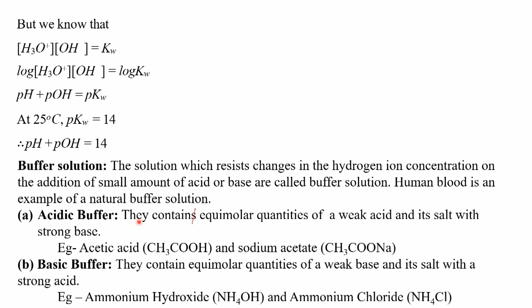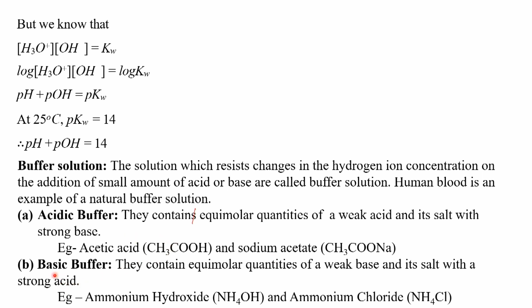So for acidic buffer, we have to consider the weak acid and its salt with strong base. Acetic acid is a weak acid, and when it reacts with a strong base like NaOH, we get sodium acetate. So acetic acid and sodium acetate form an acidic buffer.